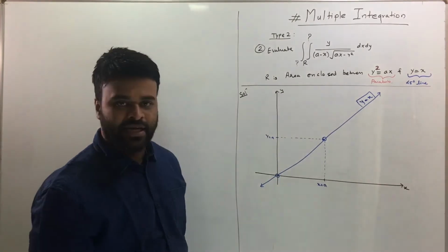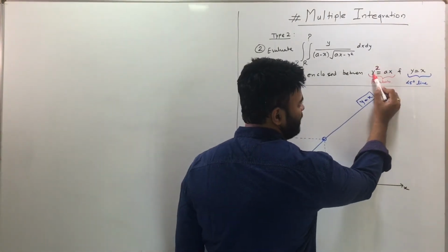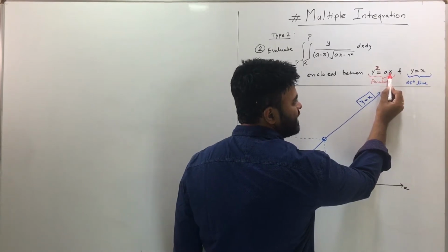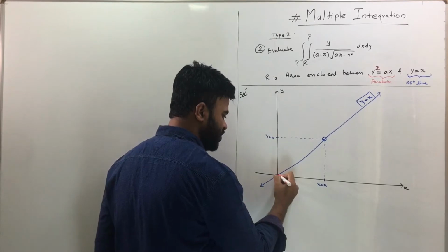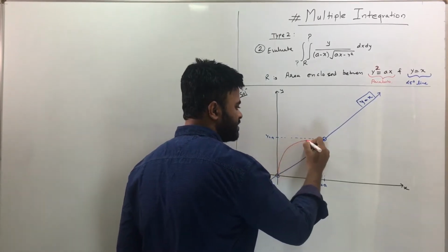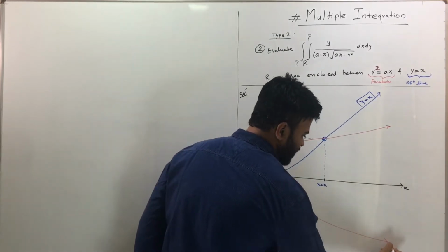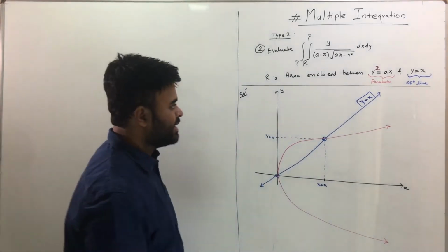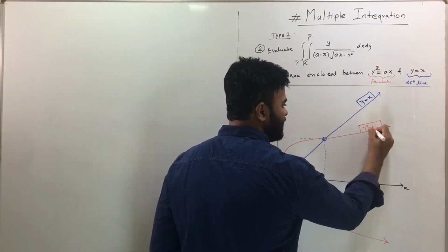You can figure out the points: if x is 0, then y will be 0, and when x is a, y will be plus or minus. I can just plot it, and it's a standard shape as well. So the parabola goes like this, and it's going to be on the other side like this. I have a habit of writing equations every time, so it is y square equal to ax.